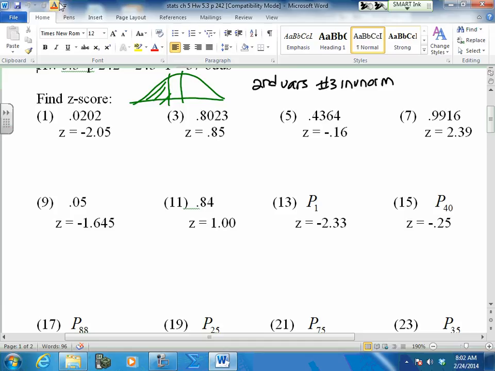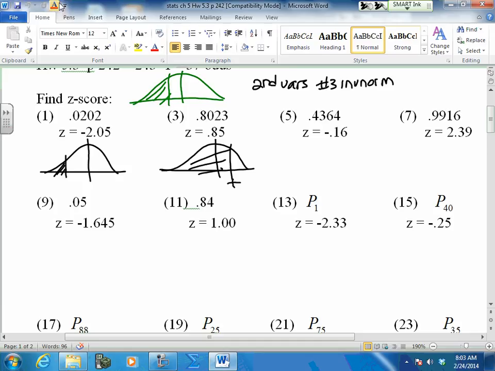Now, it does make sense when you do this. If your area is bigger than 50, larger than 50%, then your z-score has to be positive. If your area is less than 50%, then your z-score has to be negative. Okay? That's why I think that the sketch is a big help. I realized it was kind of redundant to sketch because most of you just did the inverse norm.